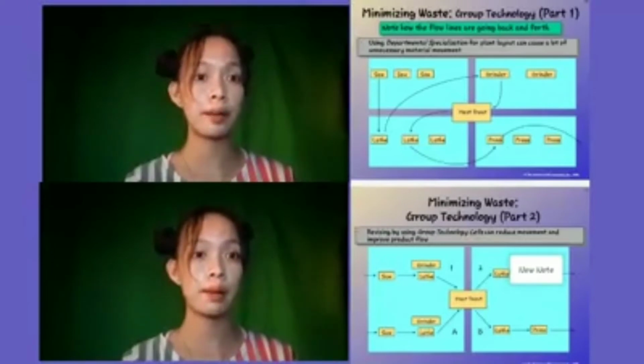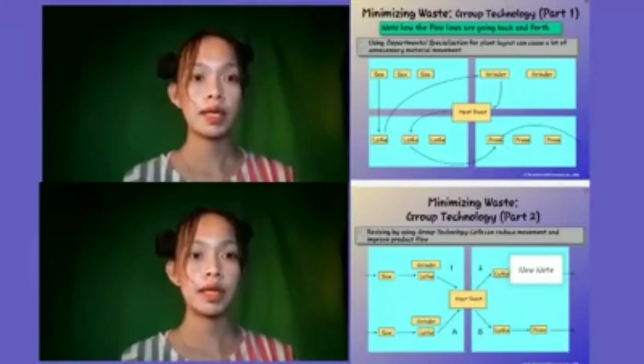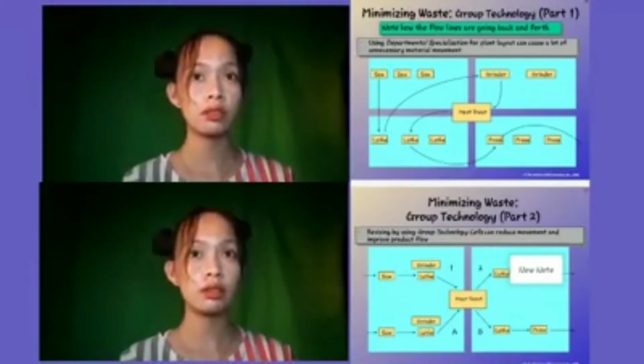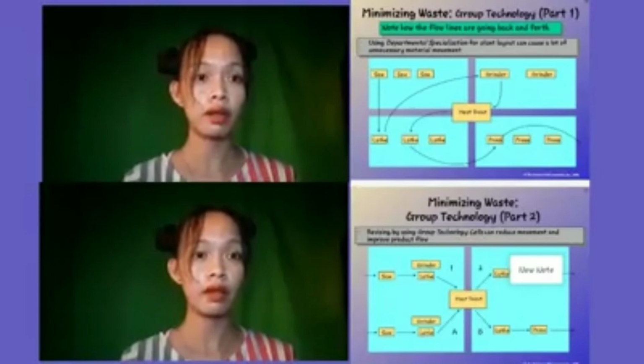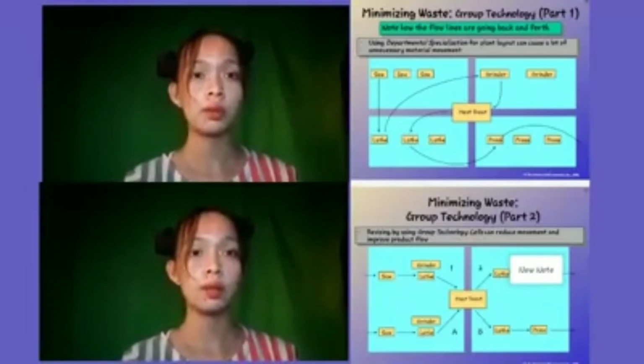So yun po yung mga machine na ginagamit sa pag-produce ng isang product. So nakalagay dito na may mga unnecessary material movement na nangyayari dun sa Group Technology Part 1.